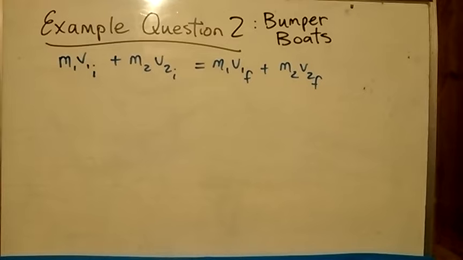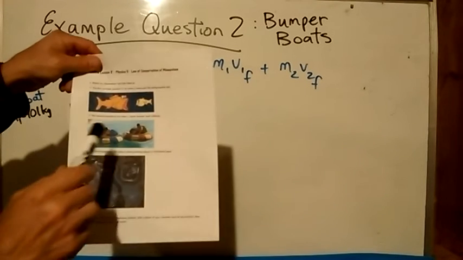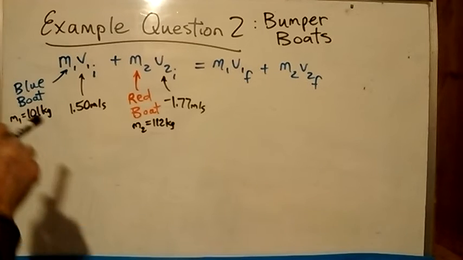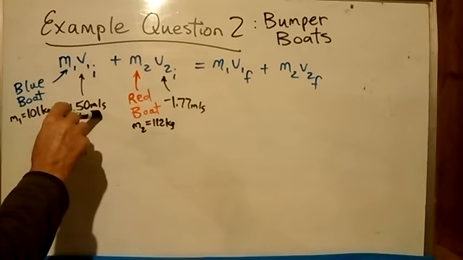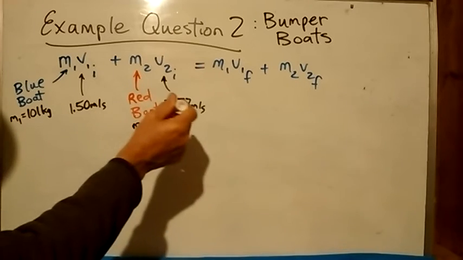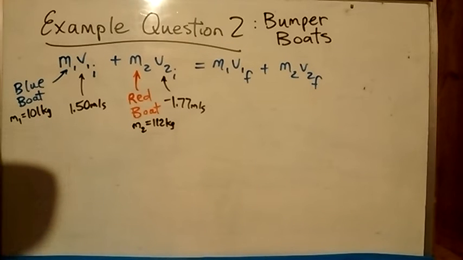Question number 2, it is about bumper boats. Giving you a bit of data, blue boat in this picture, for example, number 2, is traveling to the right at 1.5 meters per second. The red boat is traveling to the left at 1.77 meters per second.